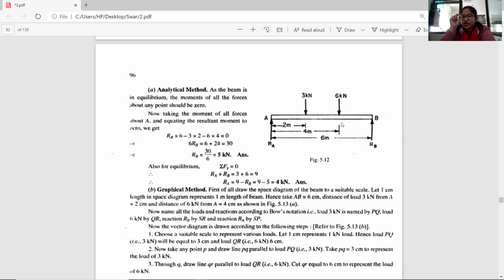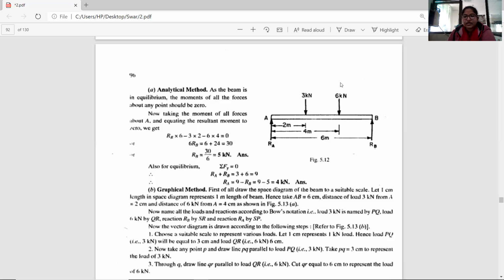Then Ra plus Rb minus 3 and minus 6. Why this minus? Just because of the opposite direction from Ra and Rb. That's why I take it as minus 3 and minus 6. So Ra plus Rb minus 3 minus 6 equals to 0. Then Ra plus Rb minus 9 equals to 0.